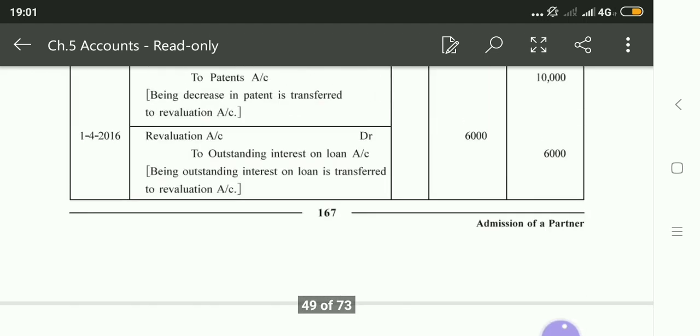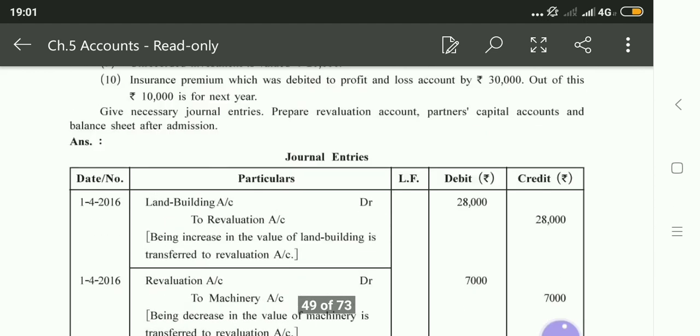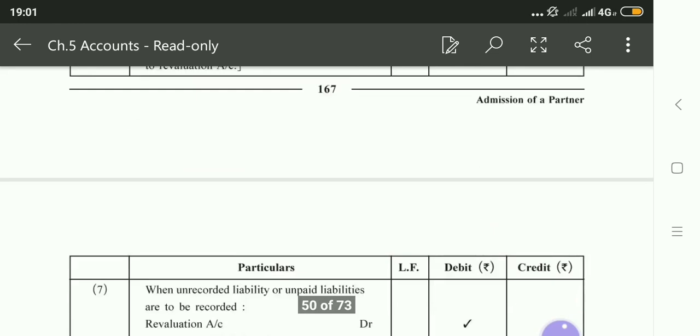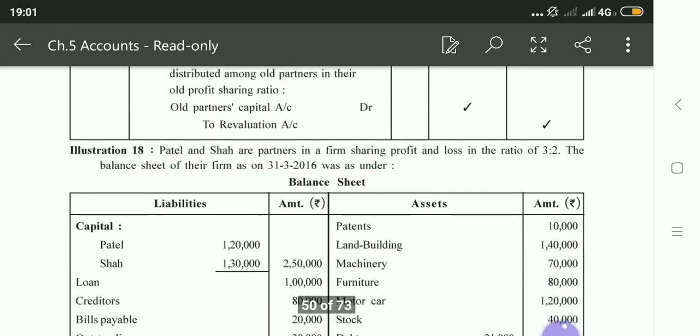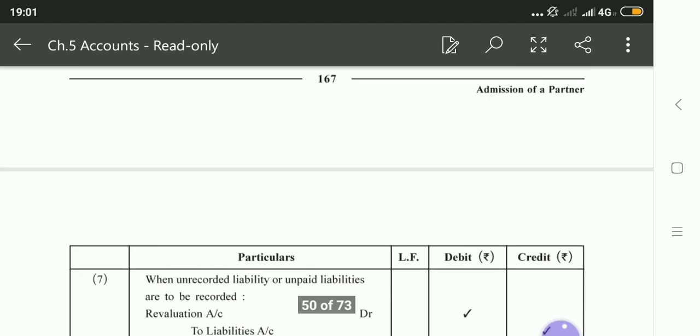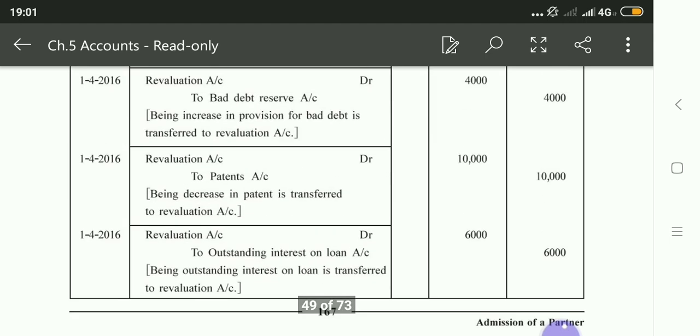I think the journal entries for this we cannot find here. So I will dictate it for you. There is a mixture of the content. Please pardon for that. So I was talking about that we are supposed to pay the liabilities less by 10%.